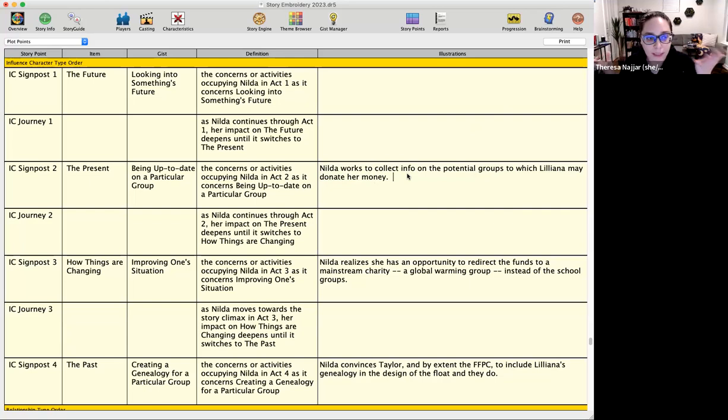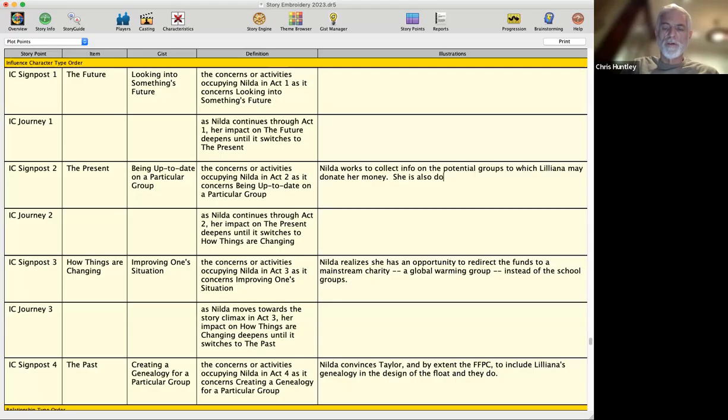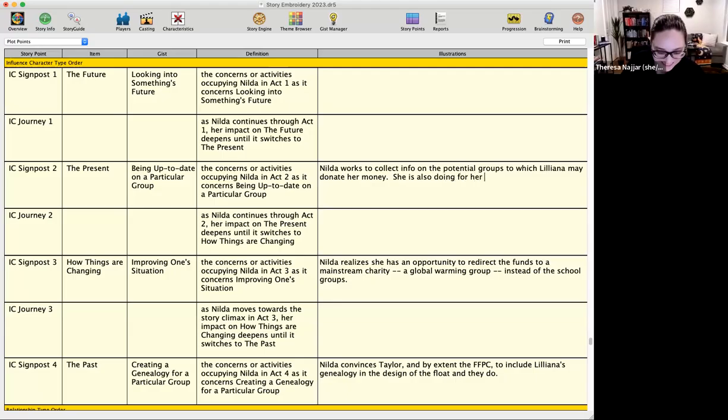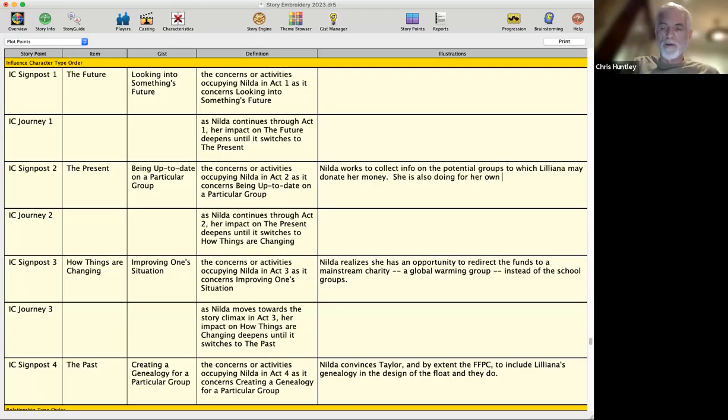Nilda is doing that to help Liliana, but also learning about the groups herself, because she's been befriended by Taylor or something, so she's also learning for her own benefit. I know it's kind of weak, but that's all I got. No, her, okay, great.